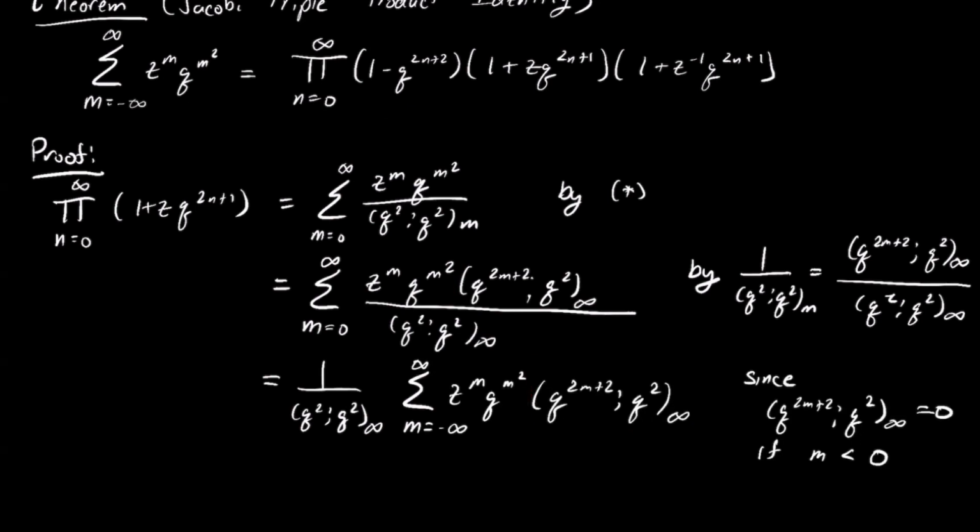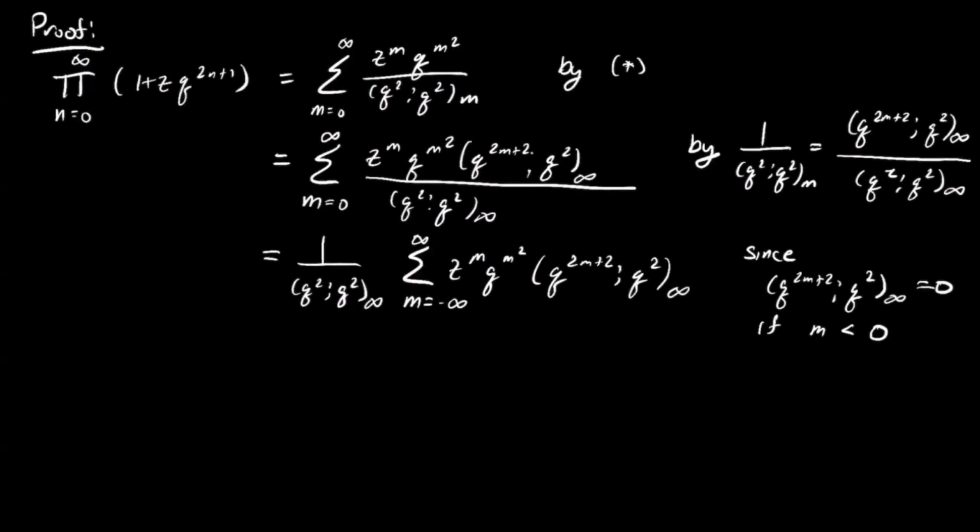All right, so if I use equation star star, what ends up happening? Well, this becomes 1 over (q squared; q squared) sub infinity. That stays the same. This becomes the sum, m goes from minus infinity to infinity, of z to the m, q to the m squared.